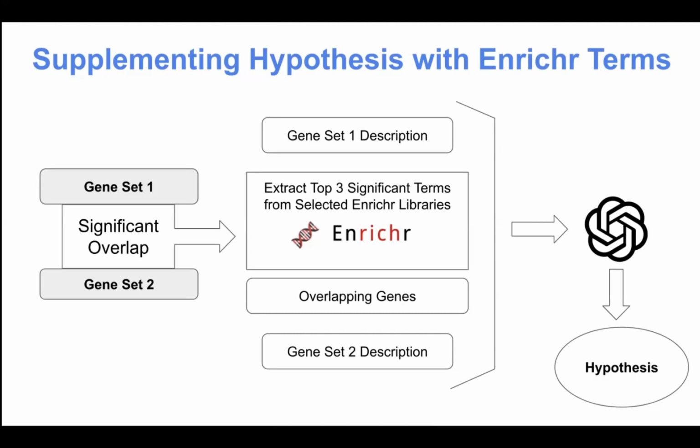We can try to determine that at the data level before giving it to GPT to form this hypothesis. We're still going to use those descriptions and the gene terms, but we're also going to have some Enrichr terms that might describe shared biological pathways or otherwise in there as well.